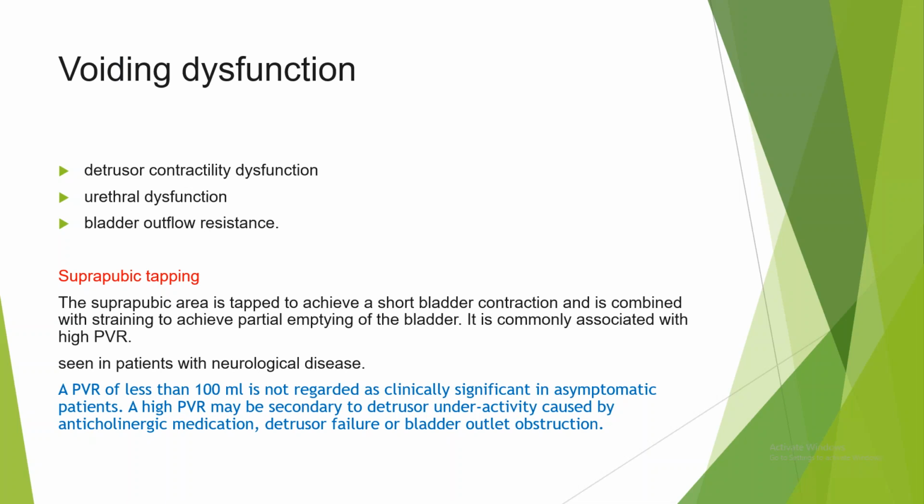Here you have to take the history of any antimuscarinic drugs, because they can cause urinary retention and high PVR. You should not mix up these conditions. If she is taking antimuscarinics, a high PVR can be obtained. Or it may be detrusor failure due to neurological causes or bladder outlet obstruction. So these are the causes of high PVR.